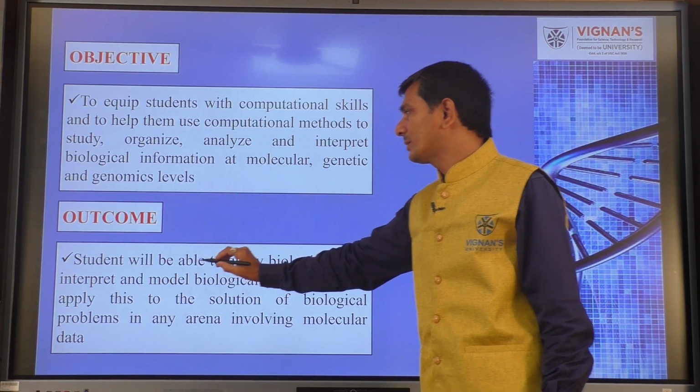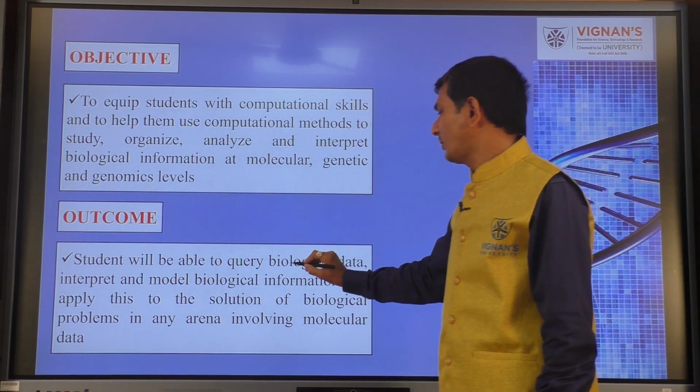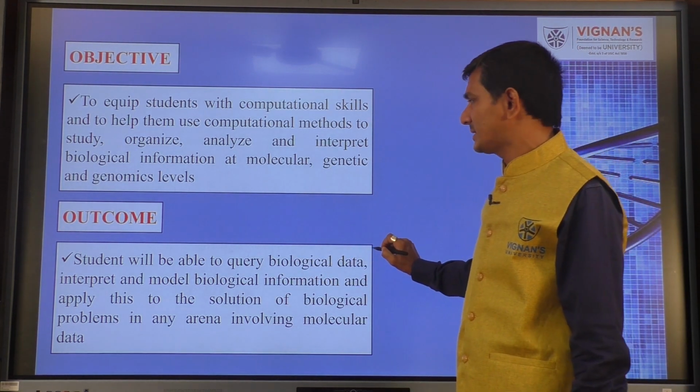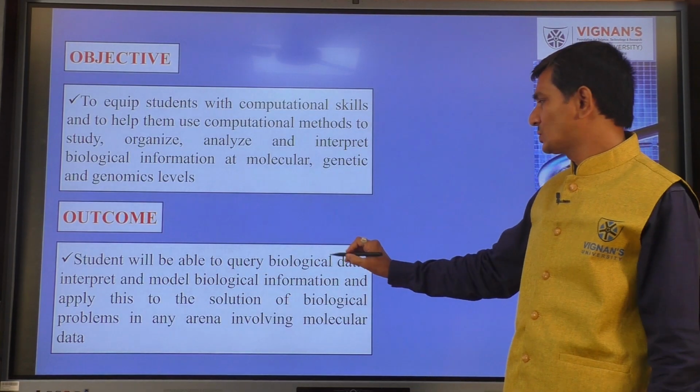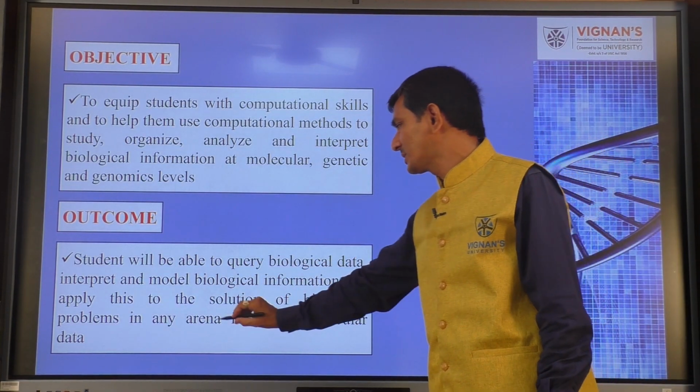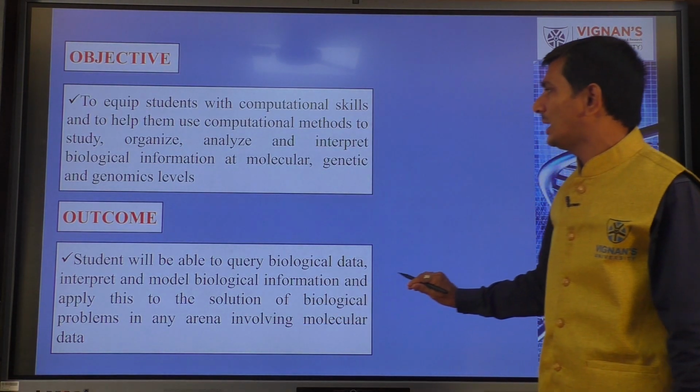Coming to the outcome, students will be able to query biological data from databases, interpret and model biological information, and apply this to the solution of biological problems in any arena involving molecular data.